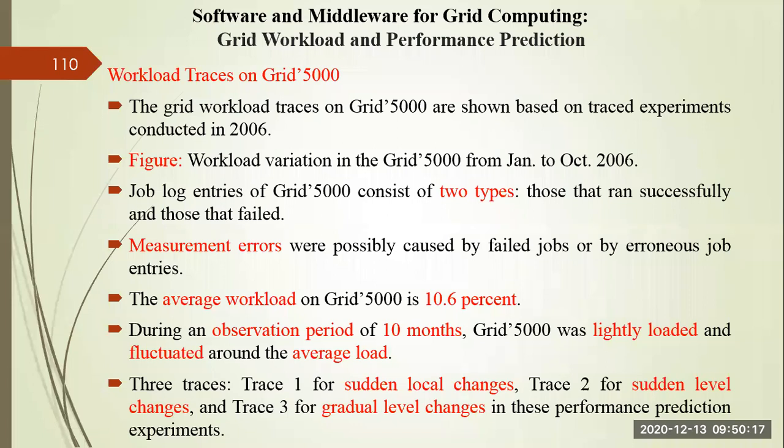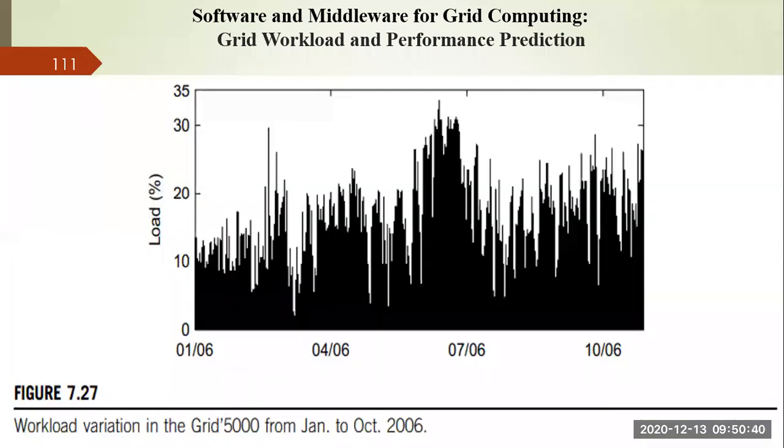In the second trace, they looked at a sudden level change: the level at time x of t and the level at x of t plus 1 suddenly change. The next one is a gradual change. Gradual change means now it is 10, after some time it is 11, 12, 13, 15, something like that, and then it increases to 35. So these 3 experiments they did on Grid 5000 to observe the patterns of the grid workload, right?